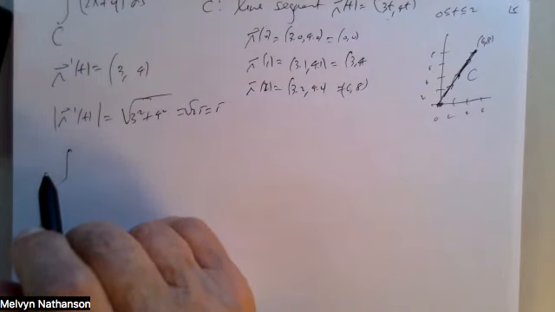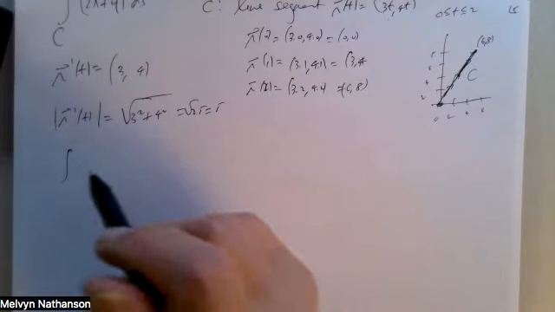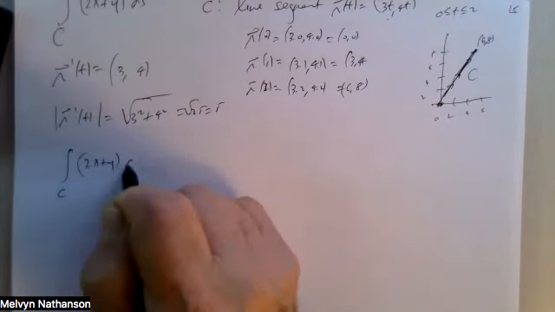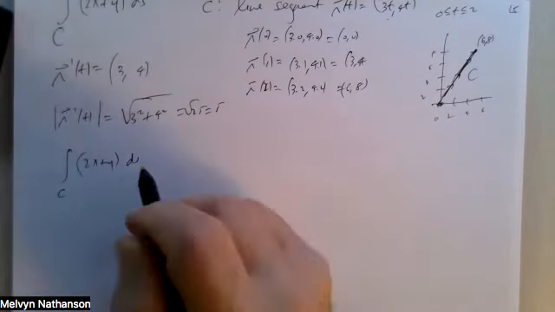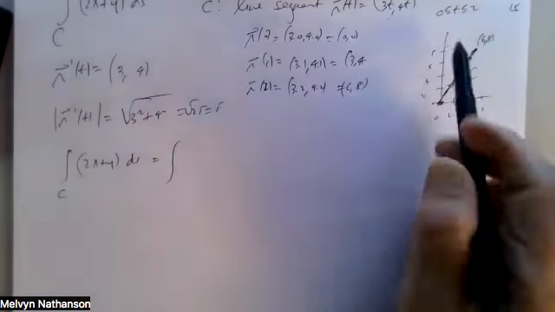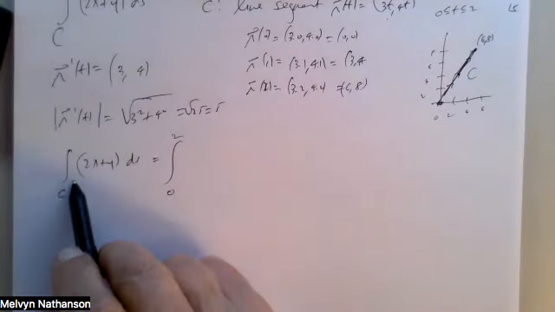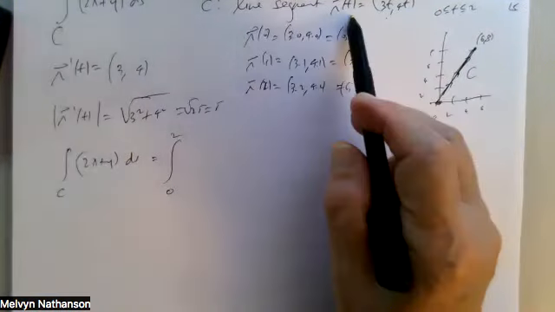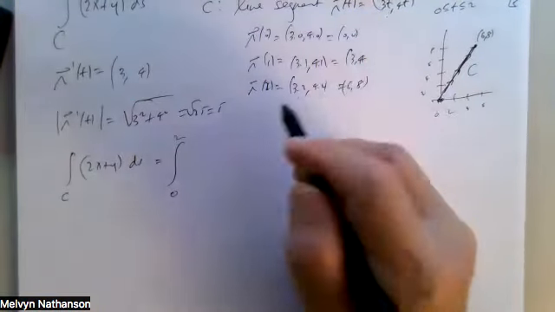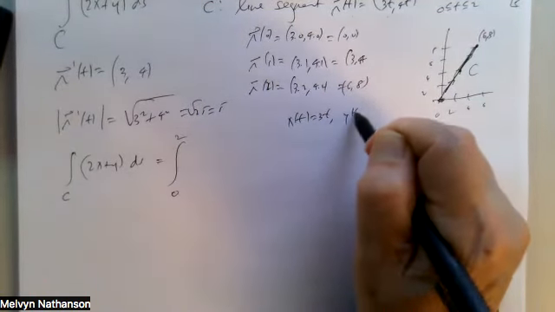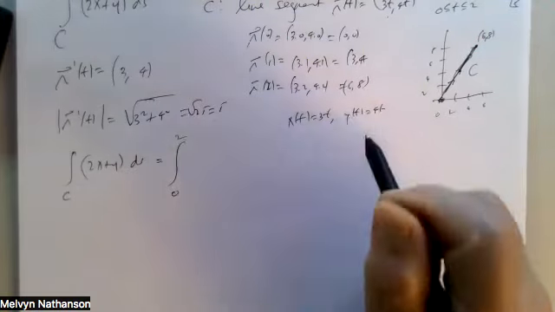So we have our formula: the integral of 2x plus y ds along this curve is the integral as t goes from 0 to 2. For this function, x of t is 3t, y of t is 4t.